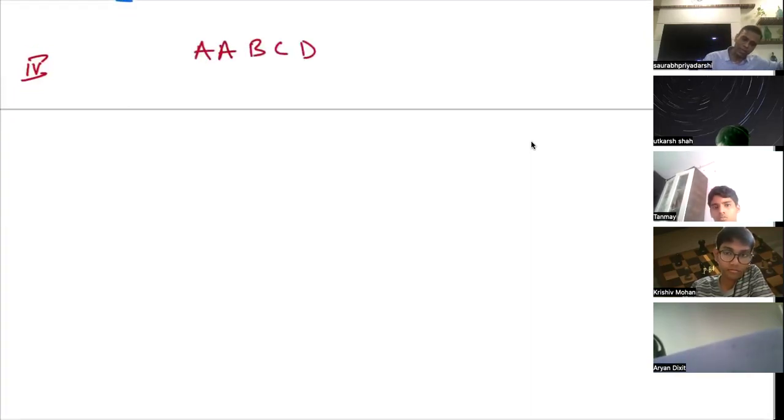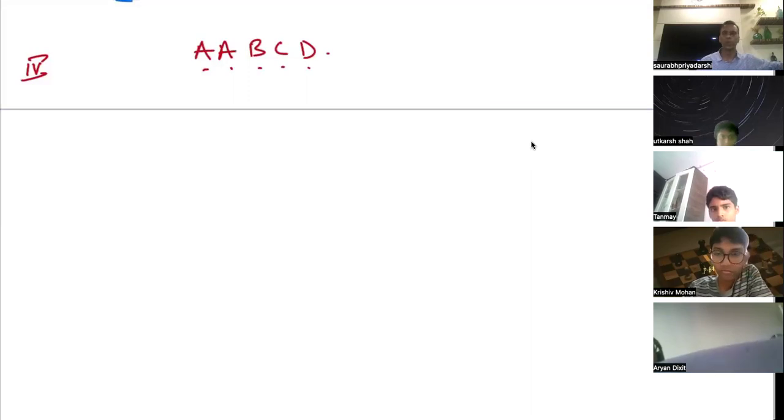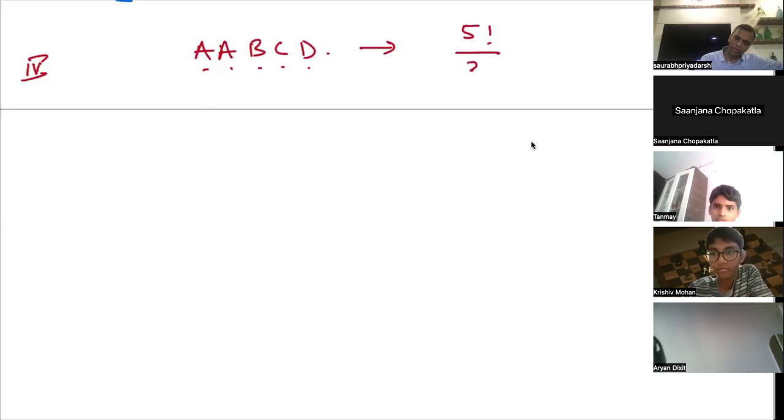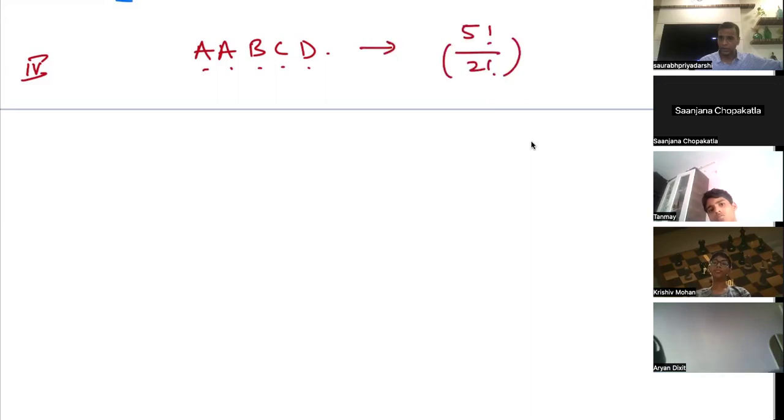A, B, C, D. In how many ways can you arrange this? If 2 things are identical, how many ways can you arrange this? 5 factorial upon 2 factorial. Everyone is okay with this, right?